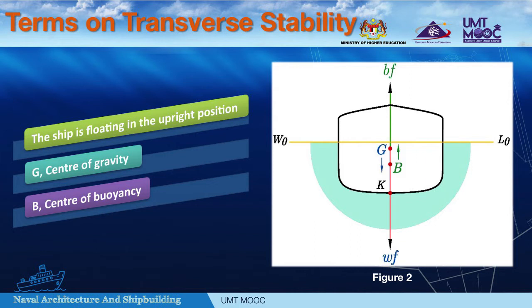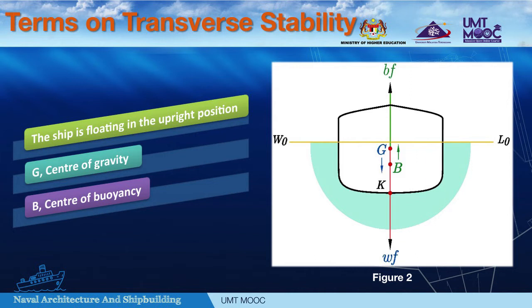I can explain here that the center of gravity is the point at which all forces of gravity act vertically downward on the ship. Meanwhile, B stands for the center of buoyancy, which is the underwater geometric center of the ship. It is the point at which all forces of buoyancy act vertically upward.